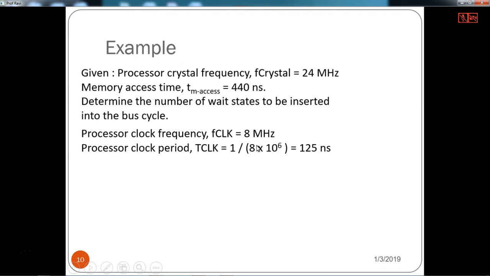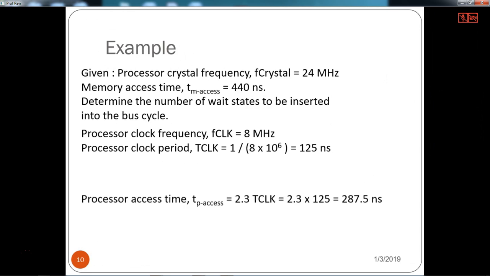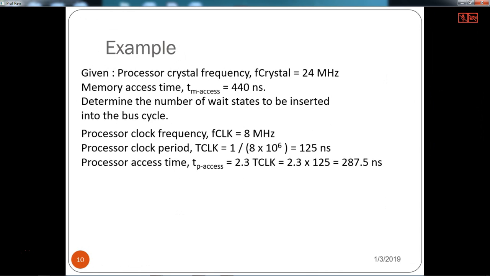The processor clock period is 125 nanoseconds, and the processor access time is 2.3 clock cycles for 8086. So 2.3 into 125 is 287.5 nanoseconds, meaning the processor can access the memory within 287.5 nanoseconds.